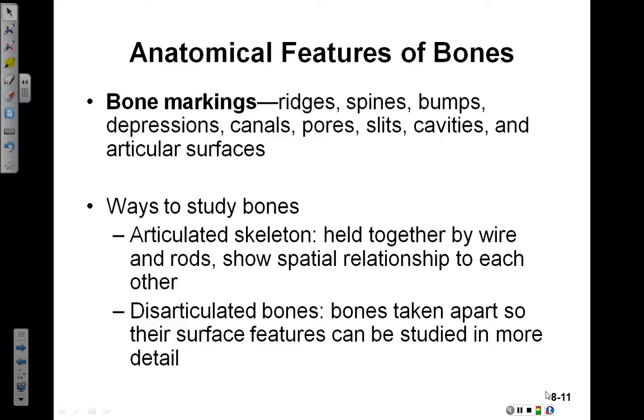Page 236, the top of page 236, the second column, someone read where it says you will probably study both. You will probably study both articulated skeletons, dry bones held together by wires and rods to show their spatial relationships to each other, and disarticulated bones. Bones taken apart so their surface features can be studied in more detail.